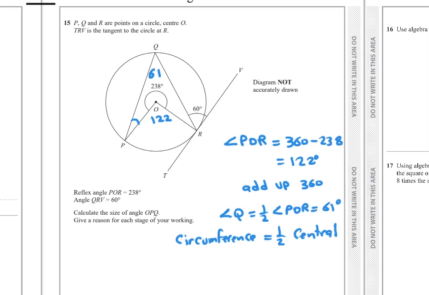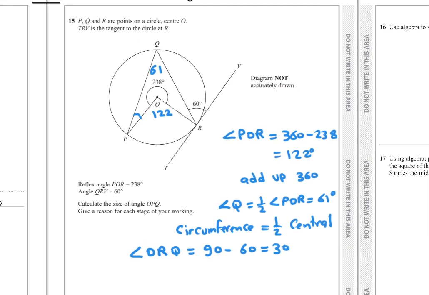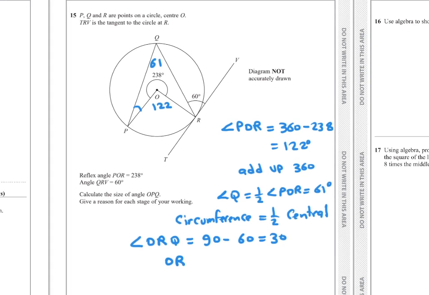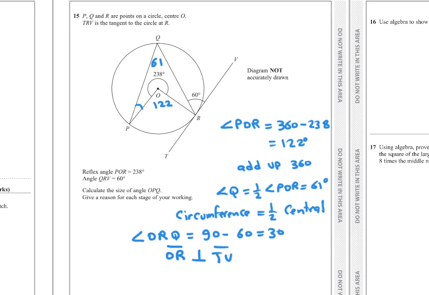So you can deduce that this angle is 90 minus 60 equals 30. So angle ORQ equals 90 minus 60 equals 30, because OR is perpendicular to TV. So this angle is 30.